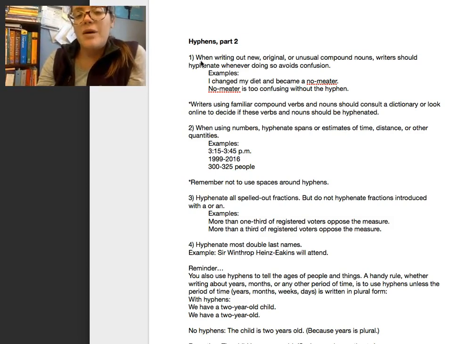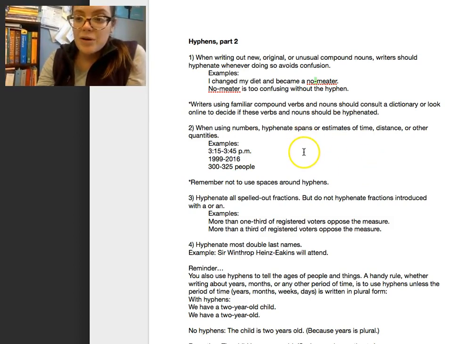So if you came up with the word no-meter, for example, instead of just saying vegetarian, it would be really confusing if you just said no space meter. But when you put a hyphen in, it makes it clear that you're making a new compound word. So when you combine words like that to make a new word, you want to hyphenate them because otherwise it's confusing.